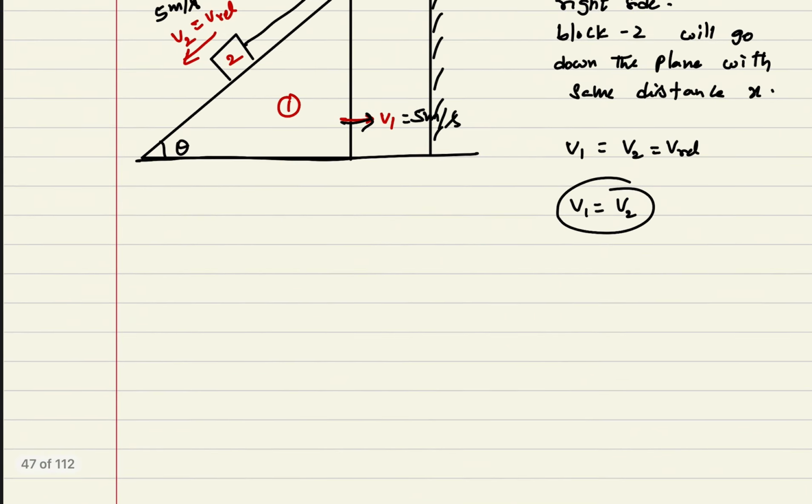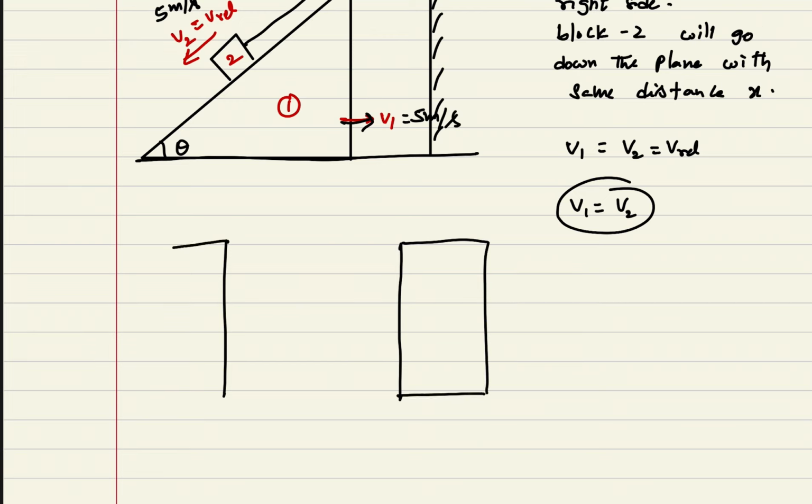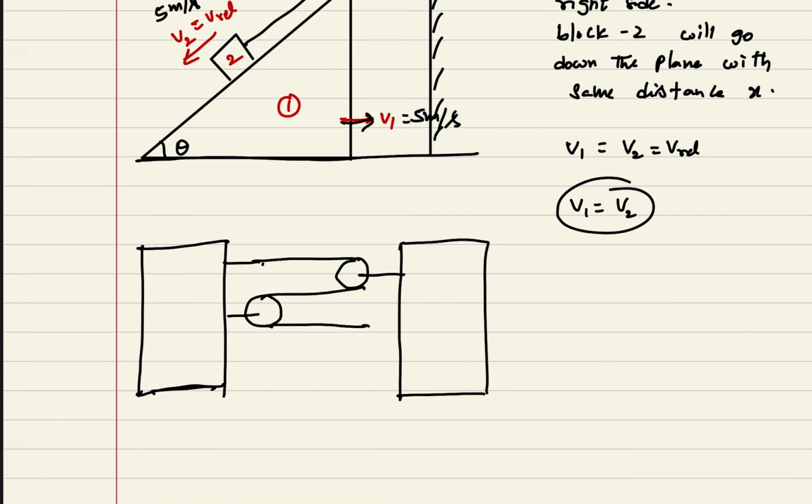Similarly, if I take two strings like this, let us consider the two situations I am taking. Pulley is connected like this and a pulley is connected like this, and a block is there. Somewhere I am taking like this also.